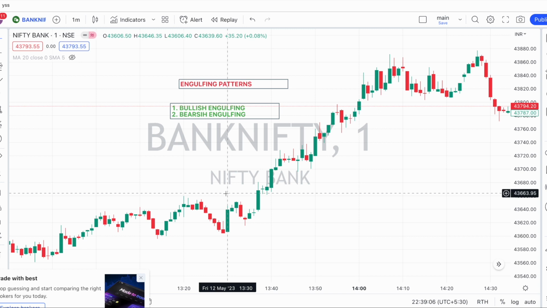When a red candle is completely engulfed or completely eaten by a green candle, it is called a bullish engulfing pattern. I repeat, when the body of the red candle is completely engulfed by the body of the green candle, that is known as bullish engulfing.